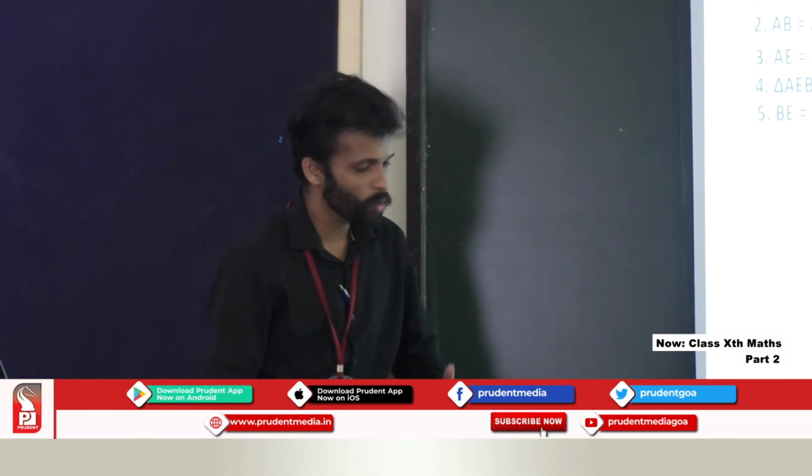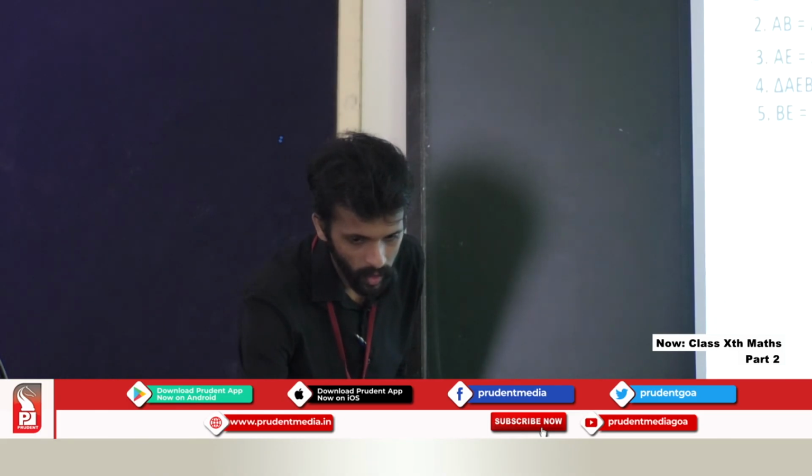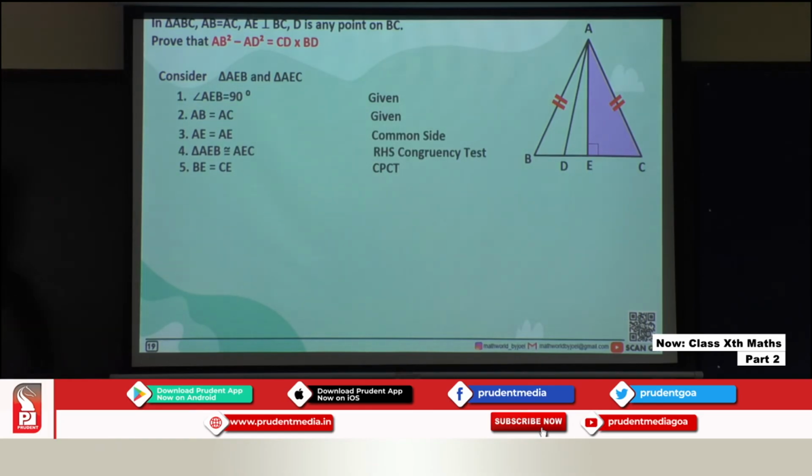Next, what we are going to do is look at this triangle, that is ABE, and I can write Pythagoras theorem for it, because one angle is 90 degrees, right? So I can write AB square, which is the hypotenuse, is equal to the sum of the squares of the other sides, which is AE square, which is here, plus BE square. Which triangle?